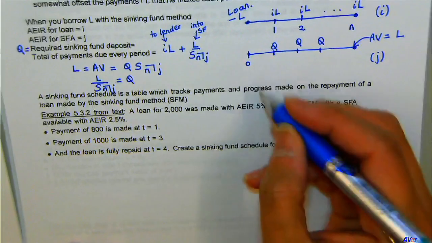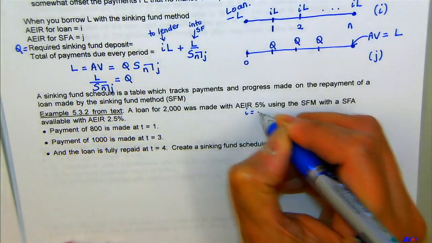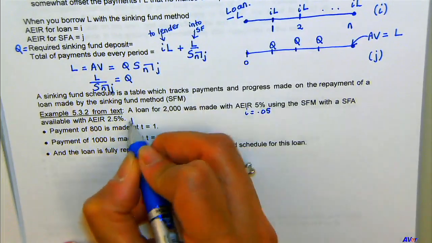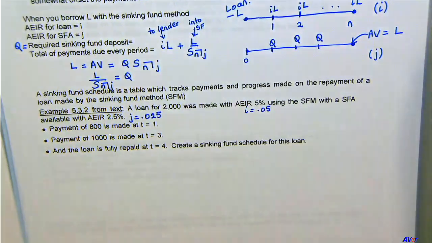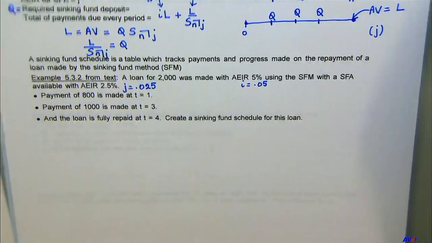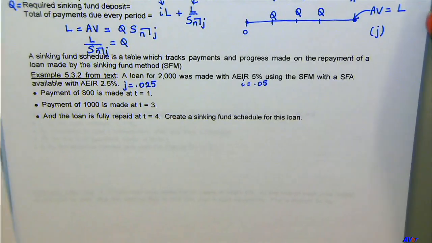Okay, so this is your i equals 0.05 and j equals 0.025. You have a payment of $800 at time 1, payment of $1,000 at time 3, and the loan is fully repaid at t equals 4. Create a sinking fund schedule for this loan. Let's do it.